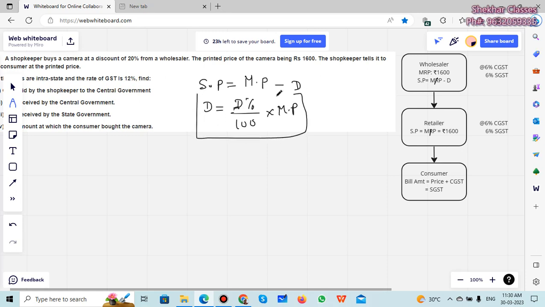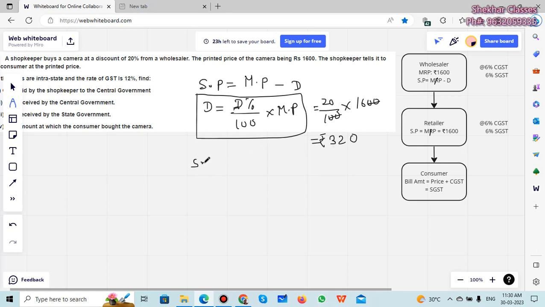So it is equal to 20% of 1600. 20 got cancelled, 16 twos are 32 and 0. So this is the mark price. Sorry, this is the discount, 320. So I have to subtract the discount.